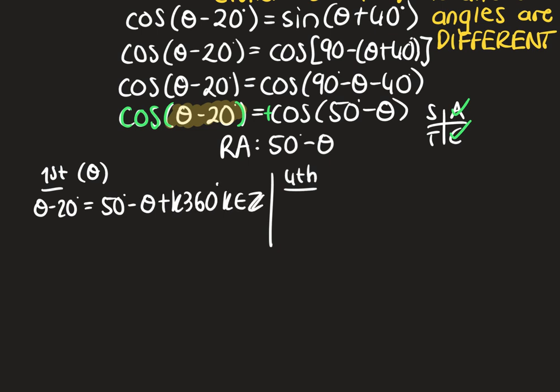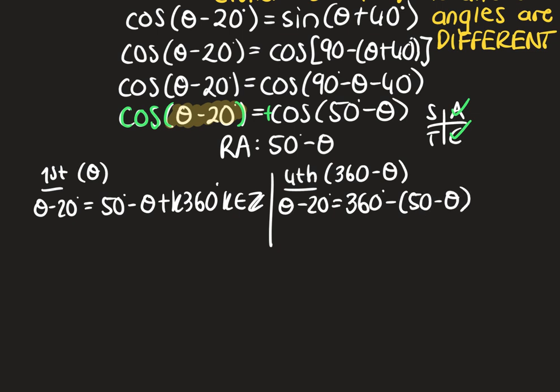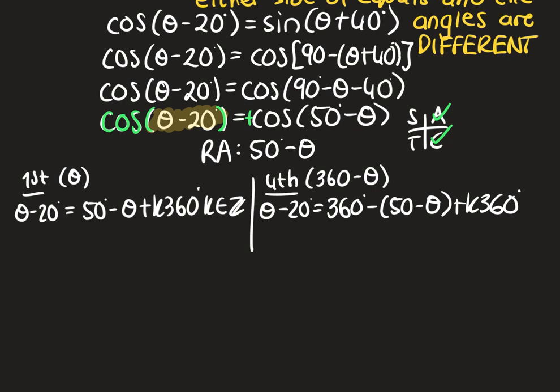And then the fourth quadrant is going to be theta minus 20, which is the angle we're working out, equals. Now, isn't the fourth quadrant known as the 360 minus theta quadrant? So we have to go 360 minus my reference angle. Remember, guys, the brackets. Brackets are important because we still need to times in that negative. Plus K360, K is an element of integers.